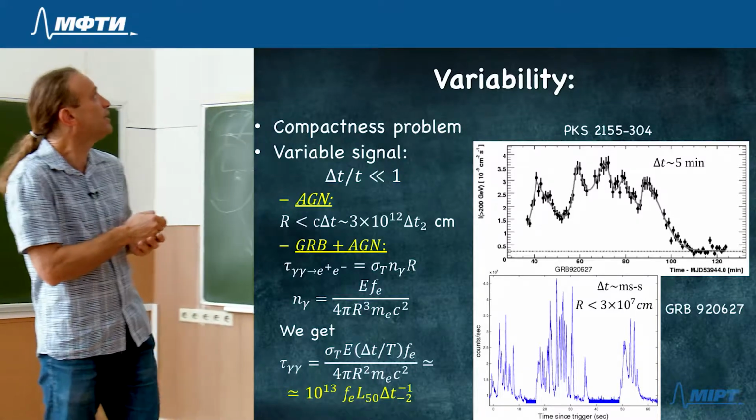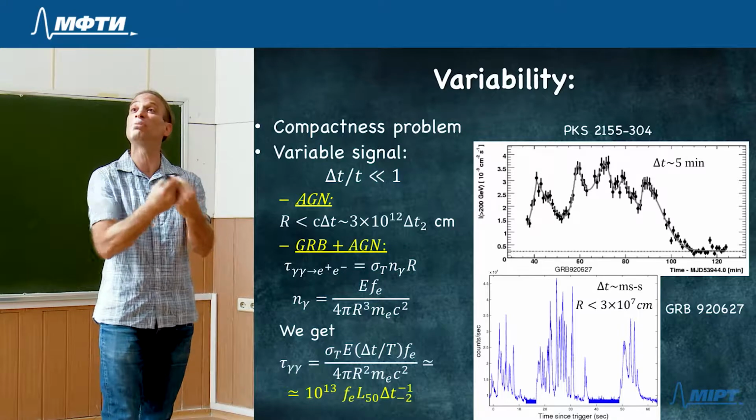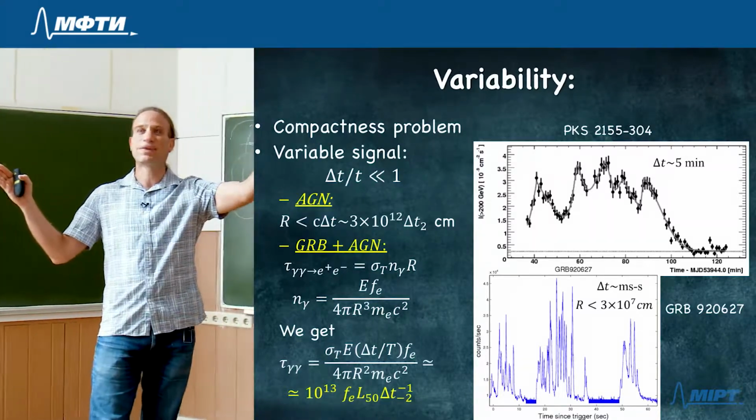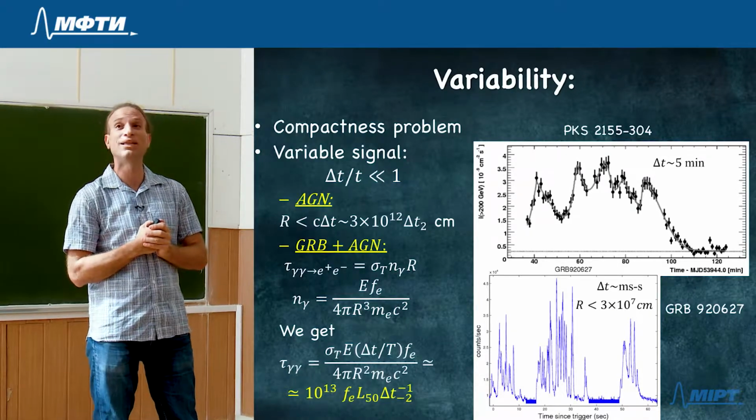This is just the Thompson cross-section times the density of the photons that can produce the pairs times the size of the system. The size of the system we can extract from the variability.